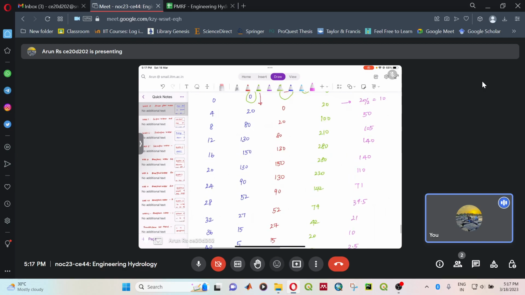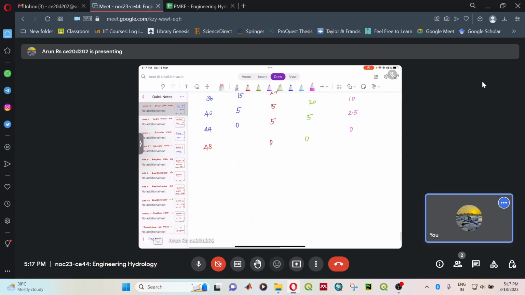So this is the 8-hour unit hydrograph. So this is one type of question. It's very direct and straightforward.